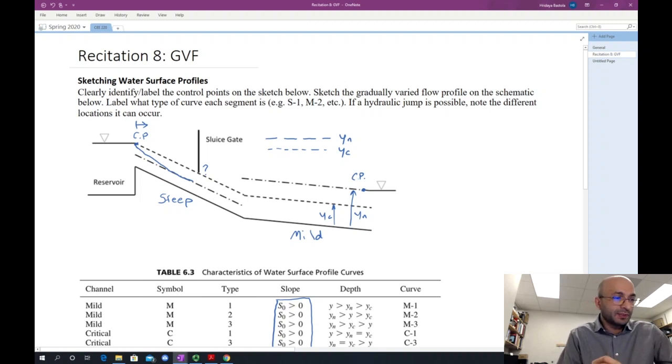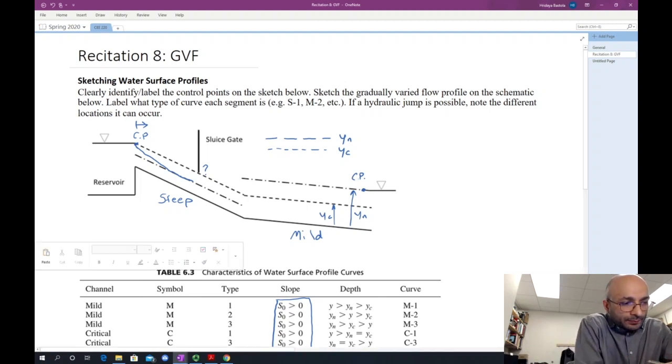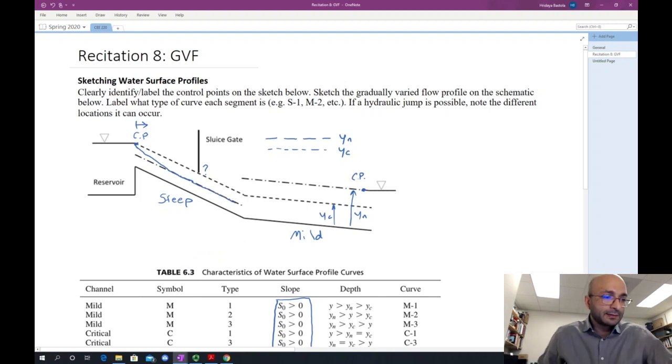So it's going to look something like this. Since the water is already at normal depth, it is not interacting with the sluice gate. In essence, the sluice gate doesn't affect the flow. This will continue downstream along the steep portion of the channel, and we'll just leave it where the breaking slope occurs.